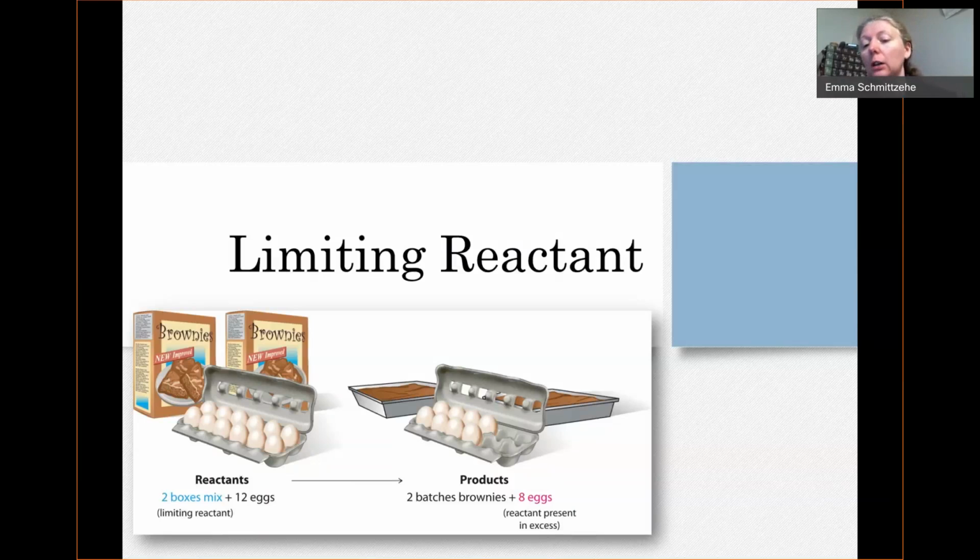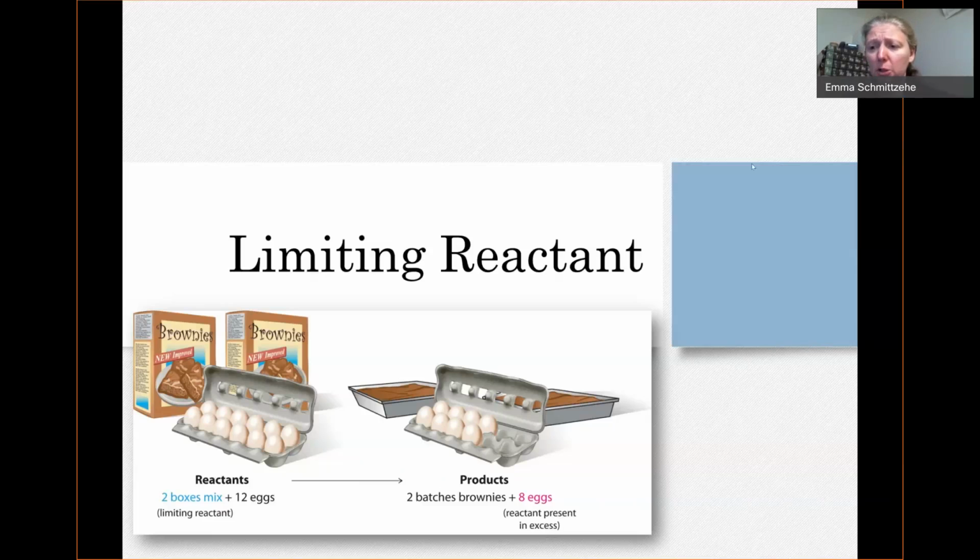So we're going to talk about how you determine what the limiting reactant is in a chemical reaction. But before we jump into examples, I just want to make sure that it's very clear what limiting reactant is, how we could quantify it, but also compare it to one other thing.